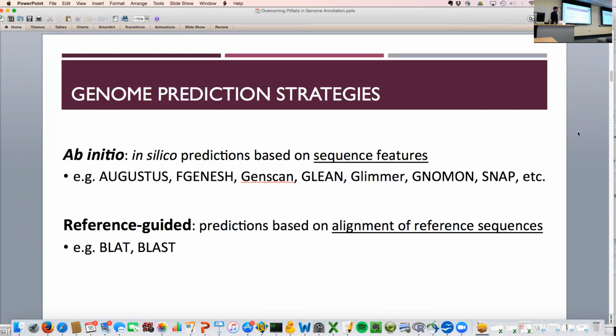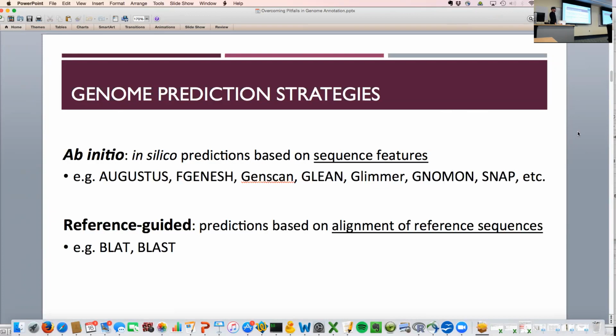It's also important to know that these ab initio predictors usually are completely based on the actual composition of the DNA. All of the intrinsic signals that can be picked up from the genome are picked up through the algorithm, much like a little machine walking through the DNA and picking out, oh, this is a translation start site, oh, this is a flag that gives you this.